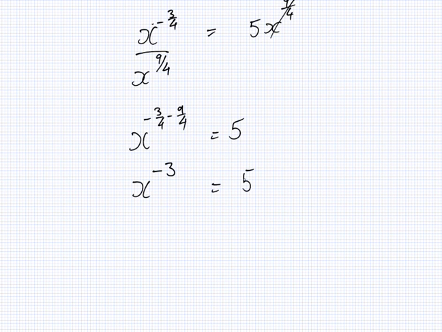Now what do I do next though? Now, next, I could put power minus 1 on both sides. So then here, this would be x power 3 equals 5 power minus 1.